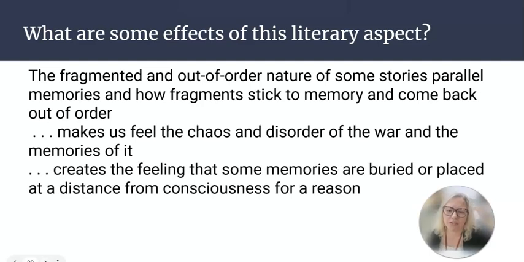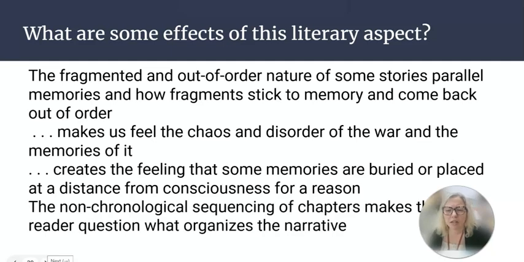It also creates the feeling that some memories are buried or placed at a distance from consciousness for a reason. We don't have that focus on Ted Lavender in that first chapter. He's sort of in the margins of the story, even though he is the one who is perhaps the biggest or worst victim, in that he's the one who loses his life. The non-chronological sequencing of chapters makes the reader question what organizes the narrative.